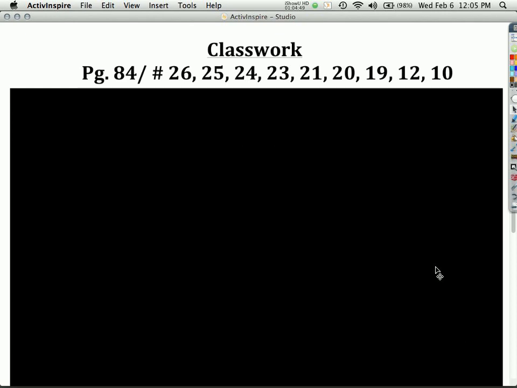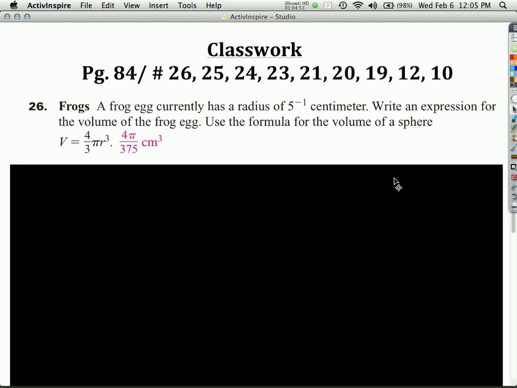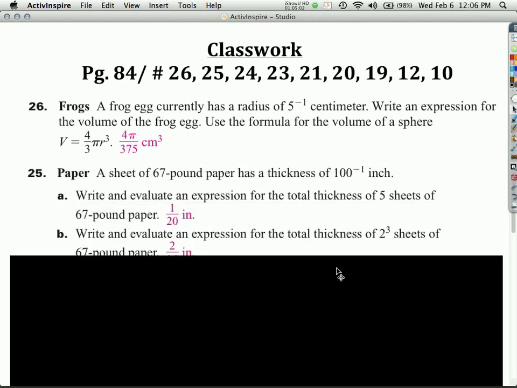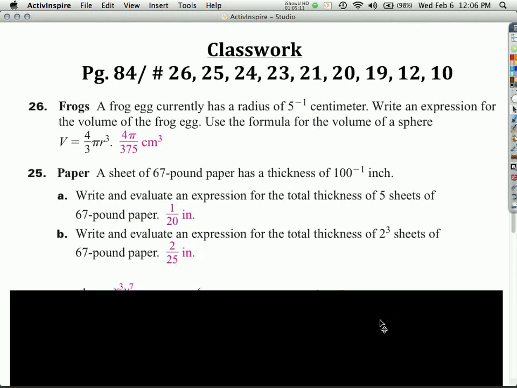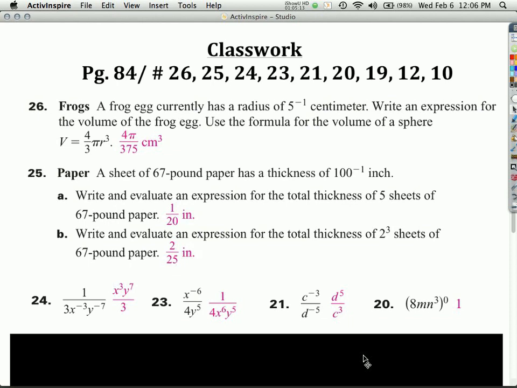Okay, colored pens, and let's see how we did. Number 26, 4 pi over 375. Number 25, 1/20th of an inch and 2/25ths of an inch. If you can't see, I'm going to read these out. 24, x to the 3rd, y to the 7th over 3.